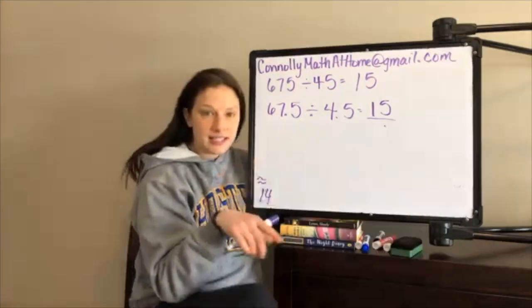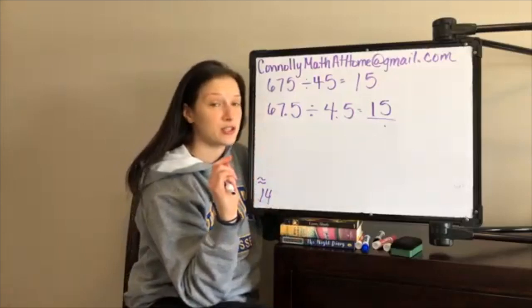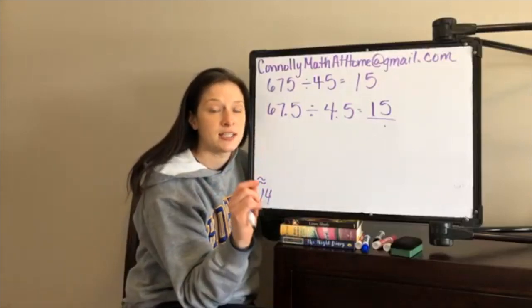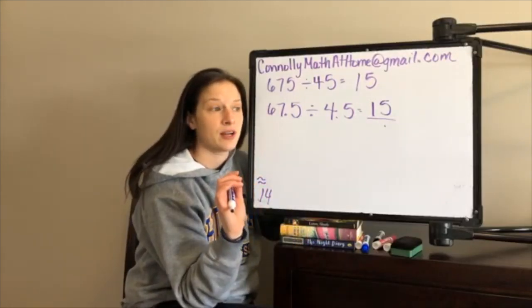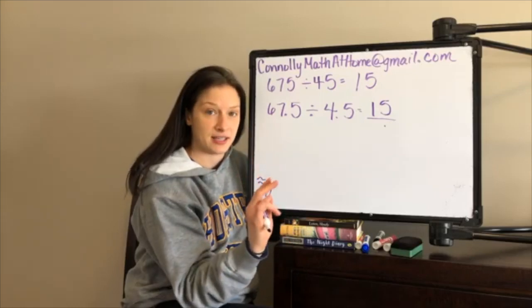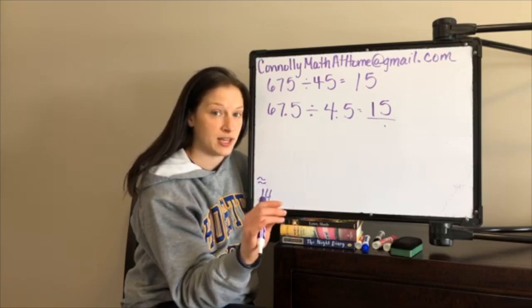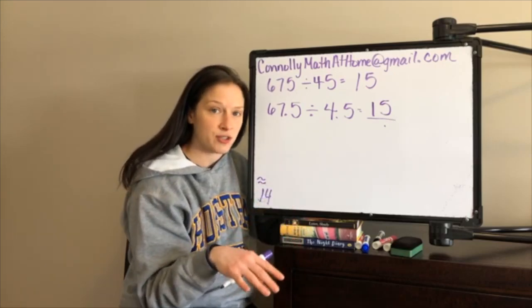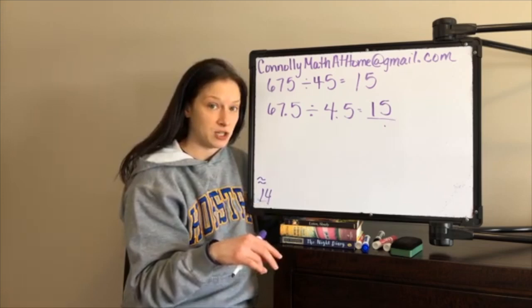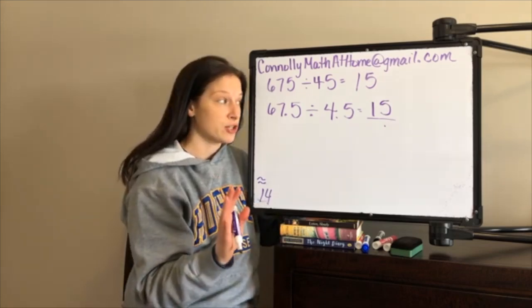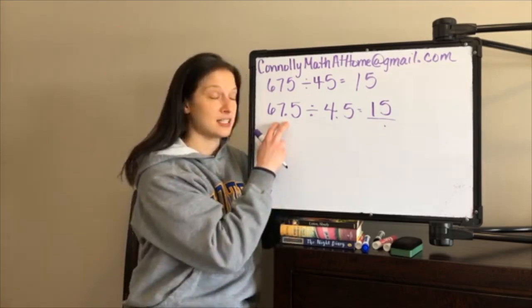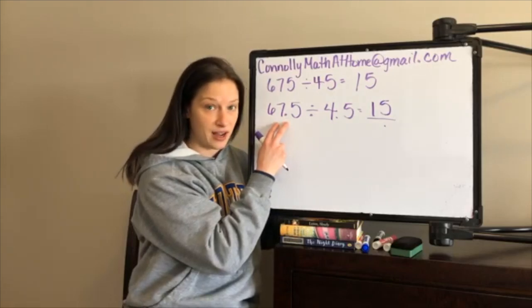Last but not least, the last thing that we're going to do is we are going to think about using multiplication to make sure that our answer makes sense. We feel more comfortable multiplying decimals, so we're just going to use that to help us. You know there's an inverse relationship between multiplication and division. So my original story problem was there's 67 and 5/10 miles that I have to run.